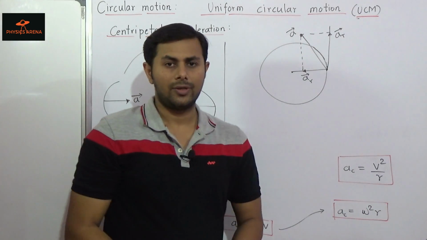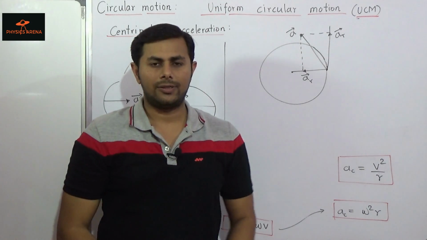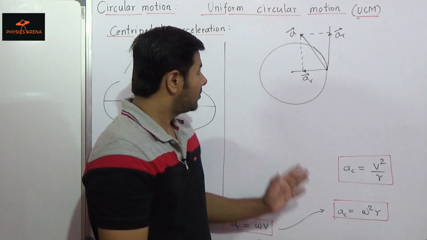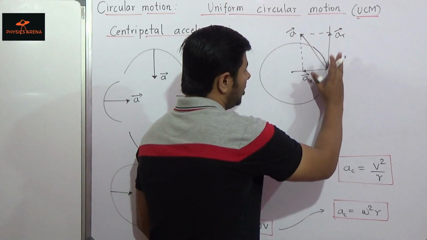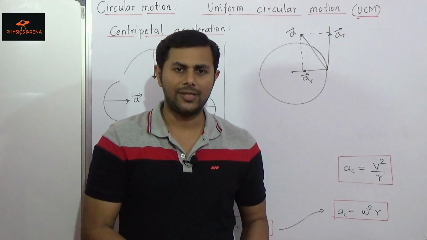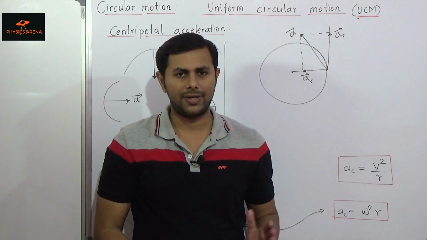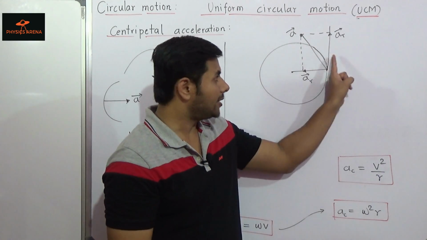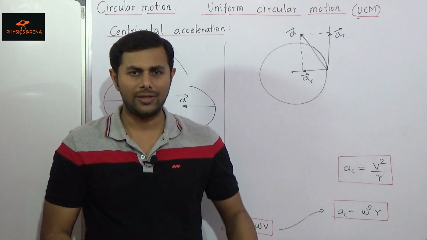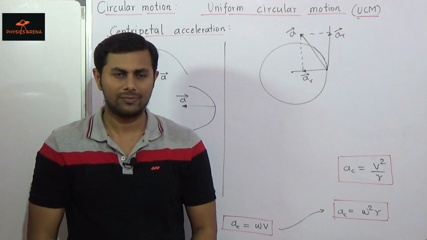Now we have uniform circular motion. That means the magnitude of velocity is not changing. But here you have a tangential component of acceleration which will change the magnitude of velocity. Since velocity is directed in the tangential direction, tangential acceleration will change the magnitude of velocity, which we don't have in uniform circular motion.